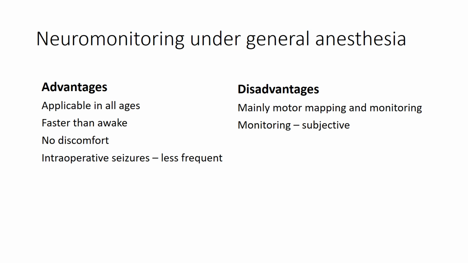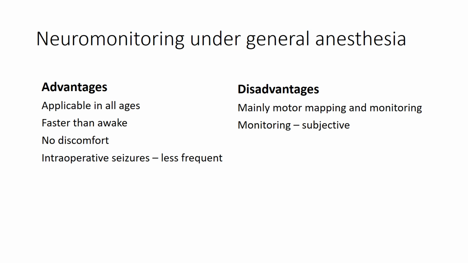A disadvantage of the technique is that those techniques are mainly for motor mapping, and you may only indirectly use them for other structures by their relations to the motor cortex. And monitoring is a bit subjective.